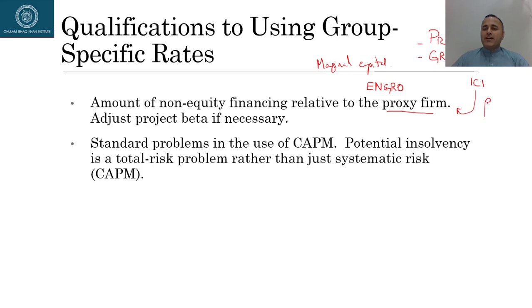Whatever the beta of ICI is, this beta corresponds to ICI's debt and equity structure. So if ICI has 30% debt and 70% equity, how can I use this beta for Engro, where debt is 40% and equity is 60%? One limitation is that it does not take into account the capital structure of the proxy firm.